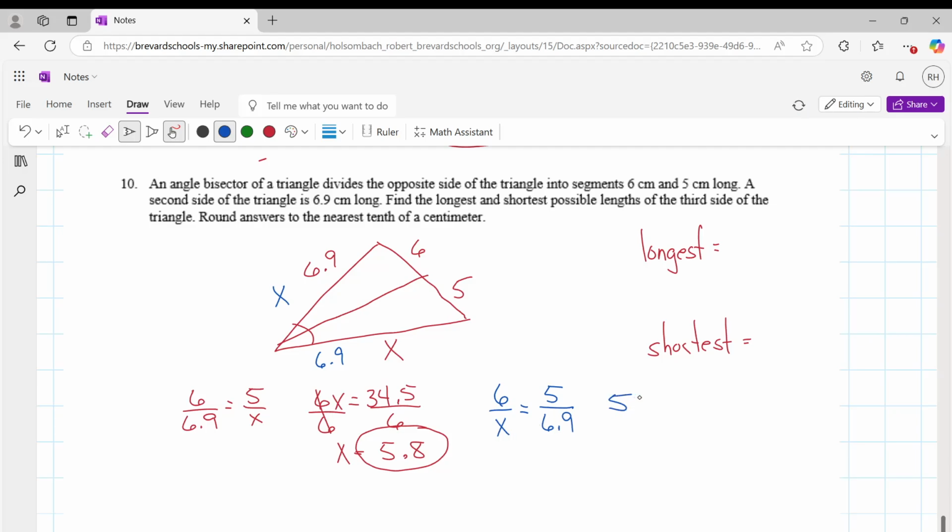So 5x equals 6 times 6.9, which is 41.4. Divide both sides by 5, and we get an x that's equal to 8.3.